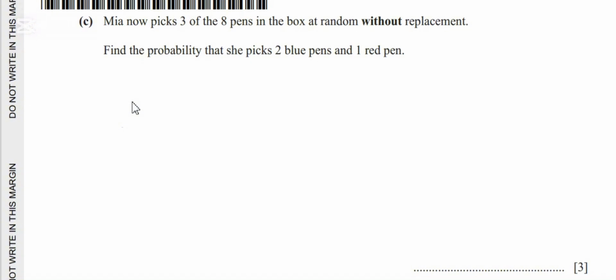So they want you to find the probability that she picks 2 blue pens and 1 red pen. This is like blue, blue, red, or blue, red, blue, or red, blue, blue. All right, so how are we going to do that?